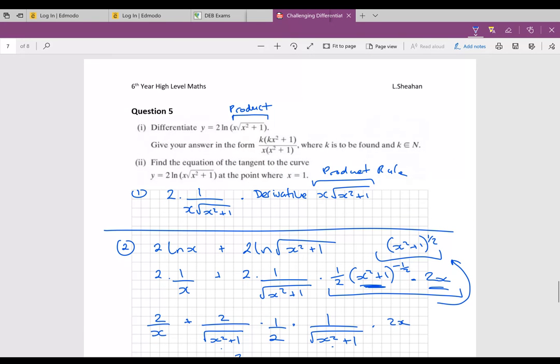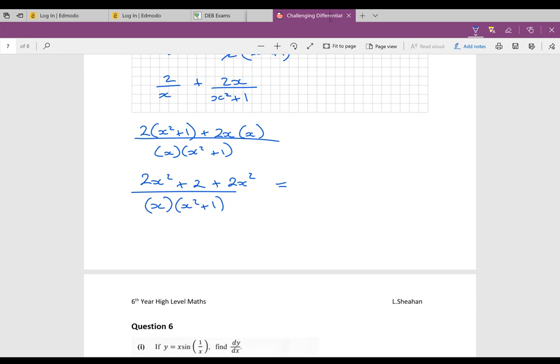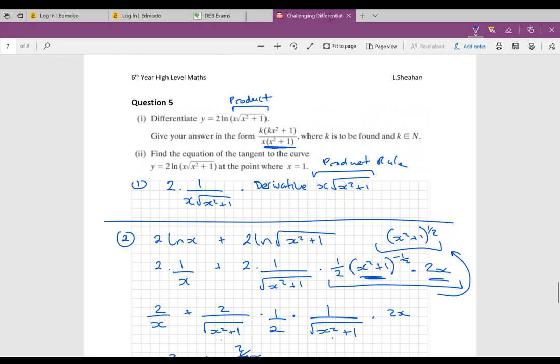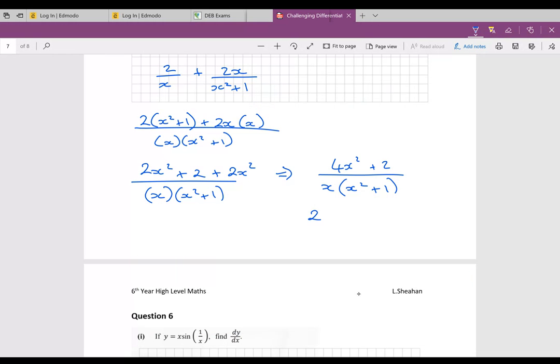Okay, it doesn't require me to multiply out the bottom line. 4x squared plus 2 over x times x squared plus 1. Okay, it wants me to take out a factor. So take out my common factor of 2, x squared plus 1 over x times x squared plus 1.